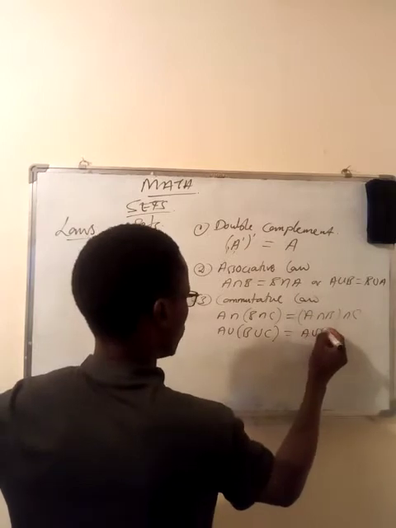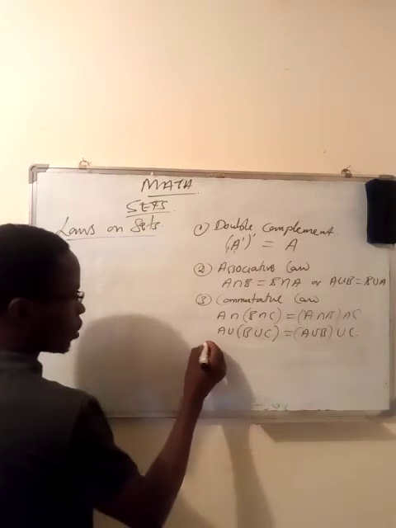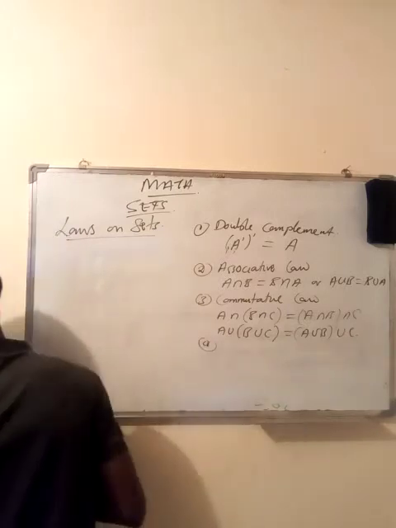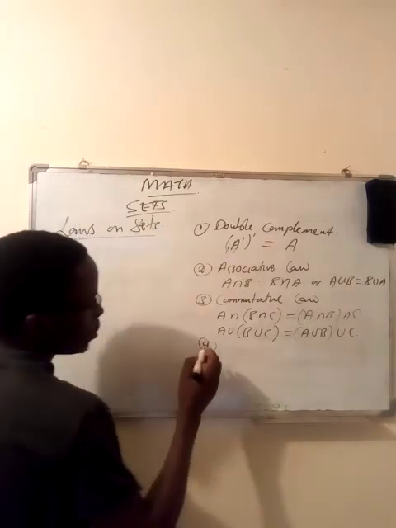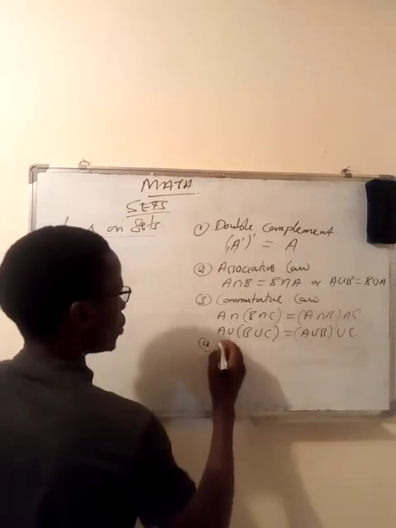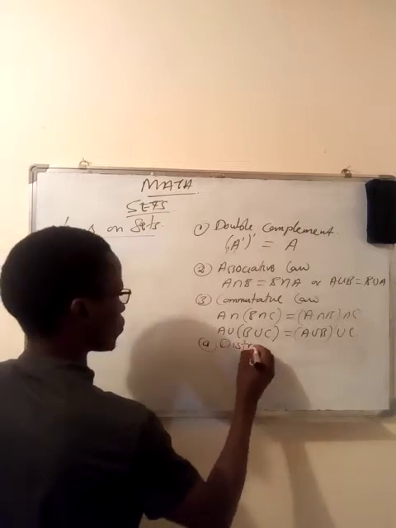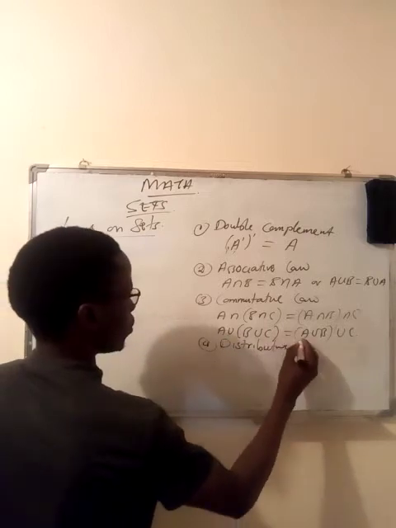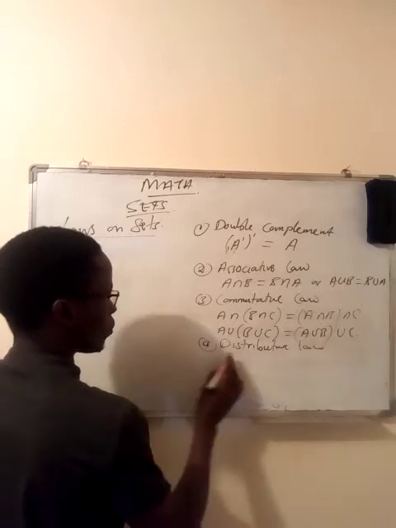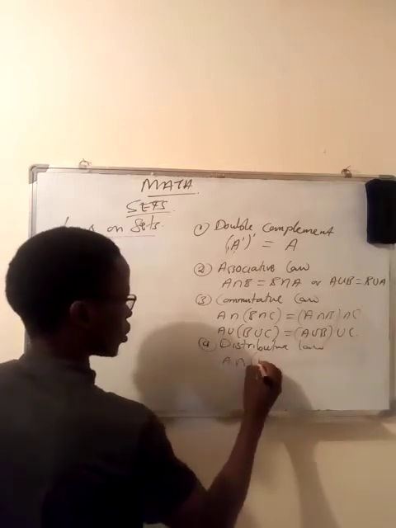Then we also looked at identity law. So number 5, identity law. Okay, so identity law, what was it? Let's say if we have the empty set, empty set union set A, this is going to be equal to set A. Then let's say the universal set and any set is going to be equal to that particular set.